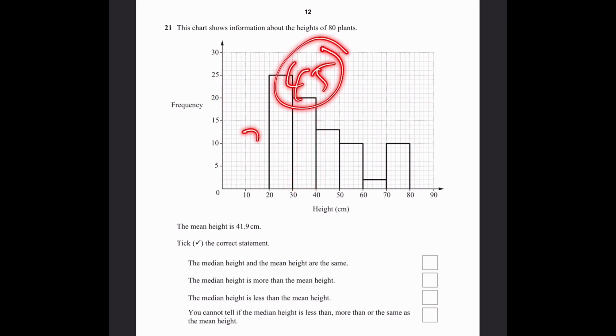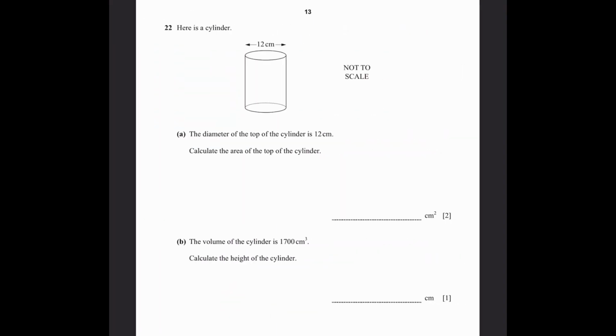So from 25 to 45, these plants will be in this range. And 40 is also inside this. So 30 to 40 is the median height. And that is less than the mean height, right? Because mean is 41.9. The median is between 30 and 40, which is obviously less than 41.9 no matter what value it is. So the median height is actually less. That's the answer. Question 22.